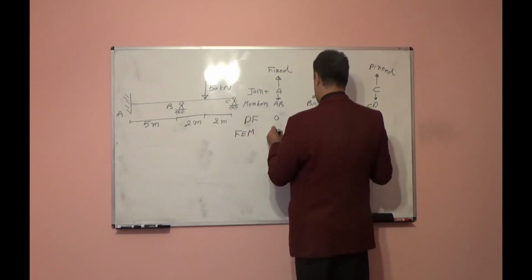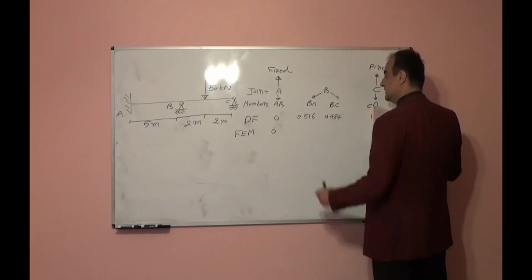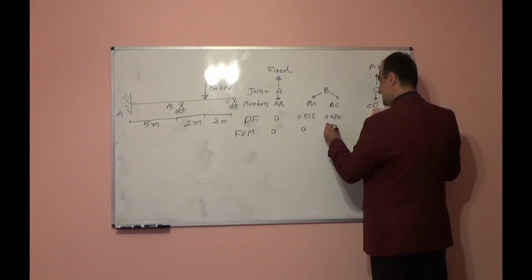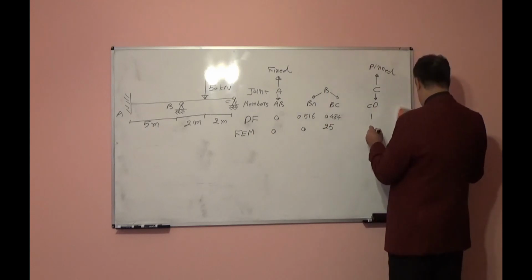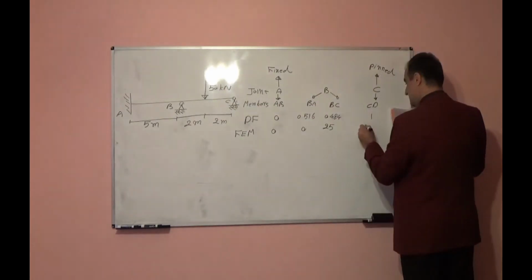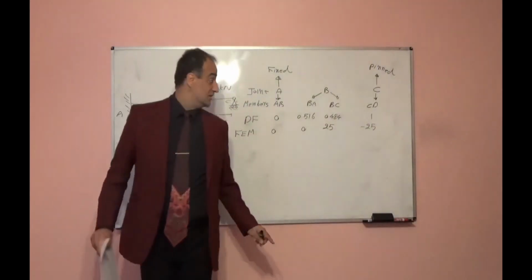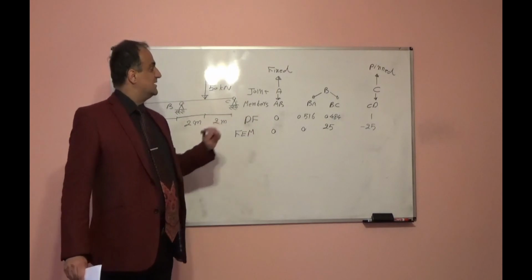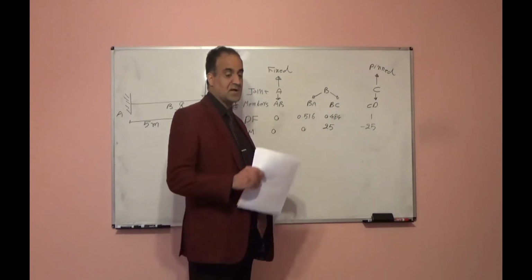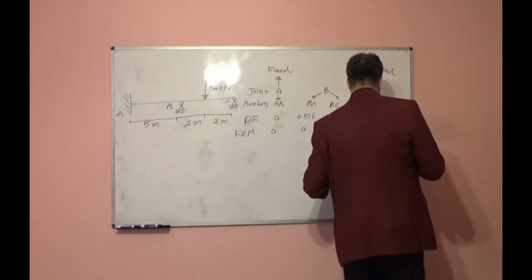For member AB it is 0, for member BA it is 0, for member BC it is positive 25, counterclockwise, and for CD it is clockwise, negative 25.